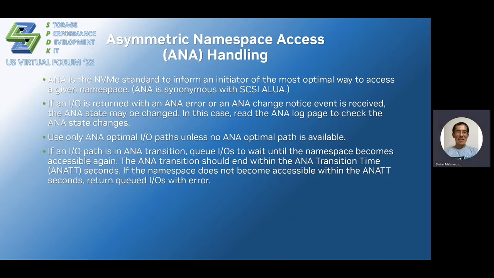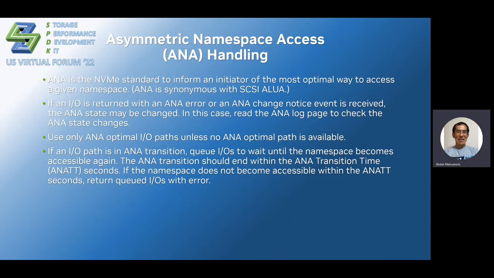Only ANA optimal I/O paths are used unless a non-ANA optimal path is available. If an I/O path is in ANA transition, that is, its namespace reports the ANA inaccessible state or the ANA change state, we queue I/Os to wait until the namespace becomes accessible again.